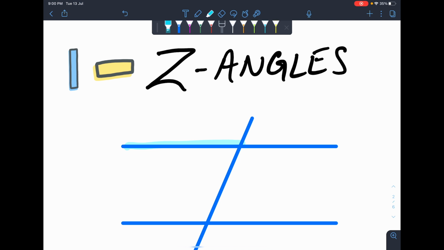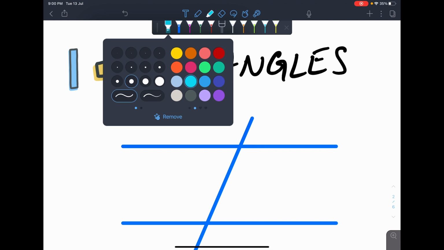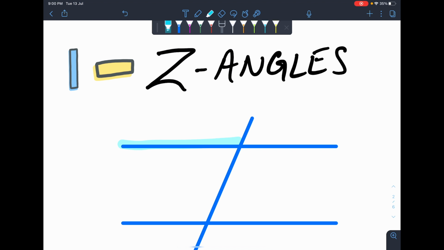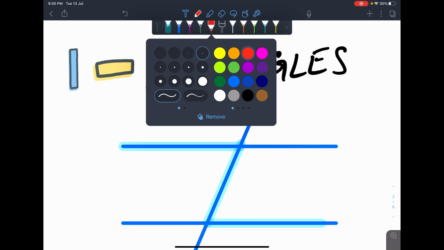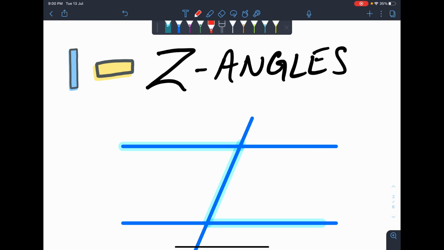In a parallel line system, if you have a Z being formed, just like this, the internal angles of that Z are always equal. So if this is angle A, this is angle A. These are called Z angles, definitely due to the shape that they make.